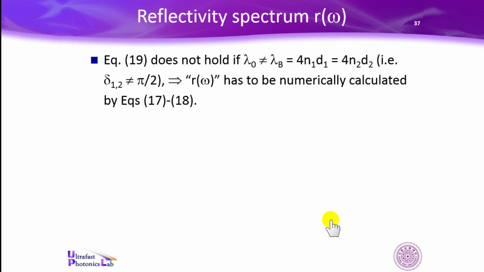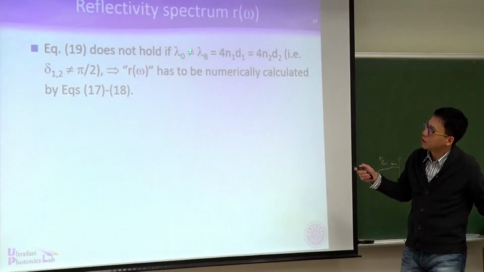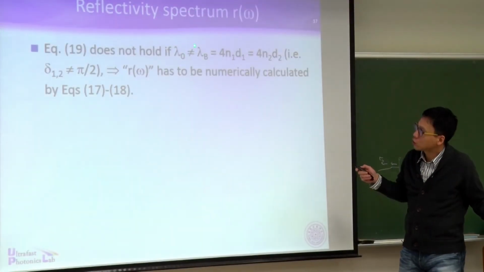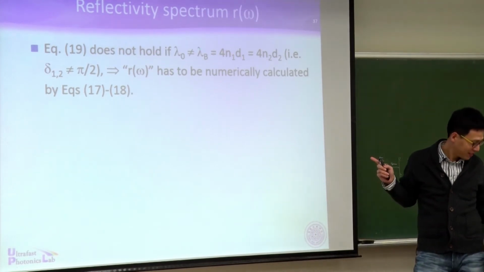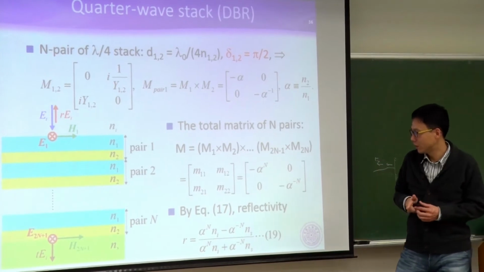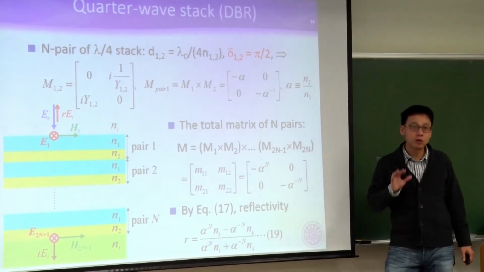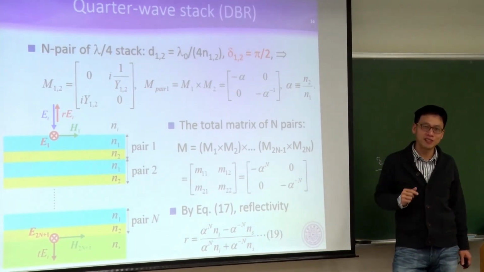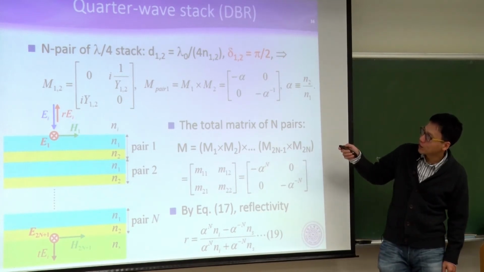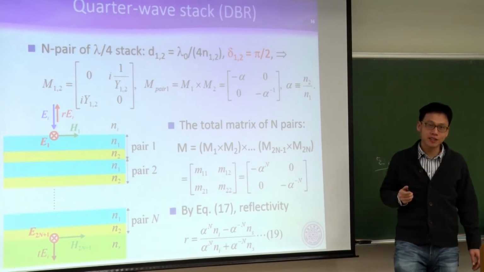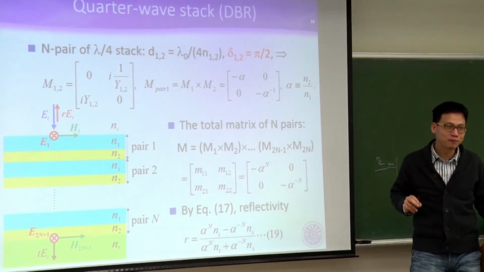Equation 19 does not hold if wavelength is not equal to the Bragg wavelength. Remember, this perfect formula only works for a single wavelength, right? Because if your working wavelength is apart from the Bragg wavelength, this condition is violated, no longer 90 degrees.